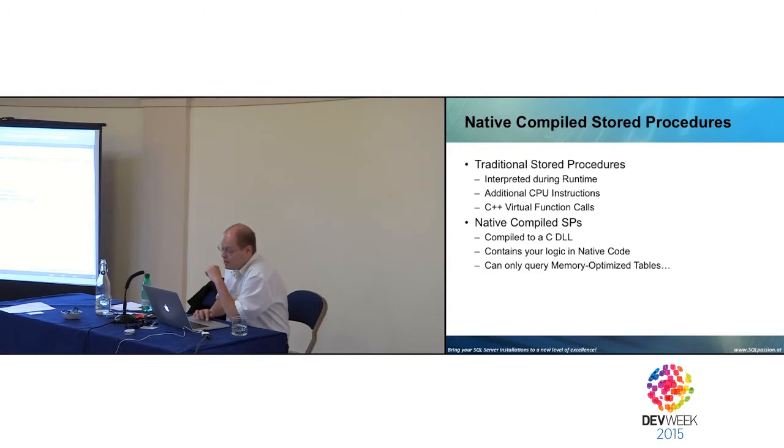With native compilation, when we create that stored procedure, the implementation of that stored procedure is converted to C code. The C code is compiled and linked into the DLL file, and the DLL file is loaded into the process space of SQLServer.exe.